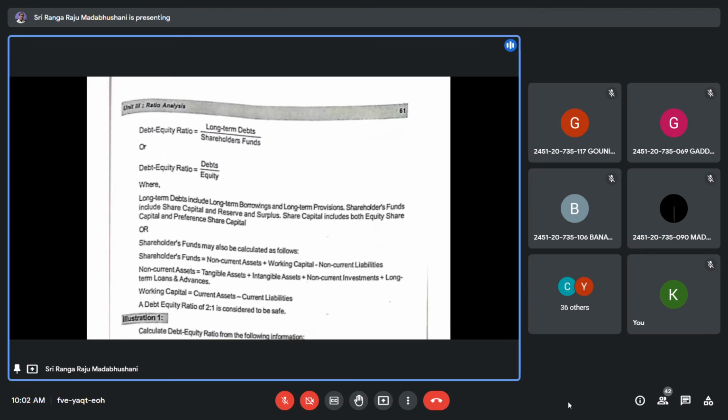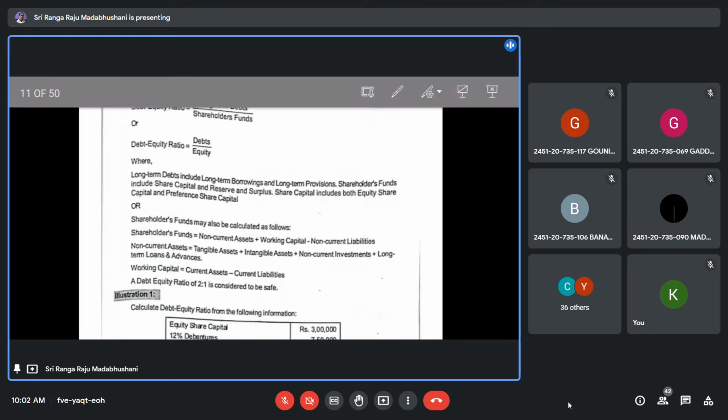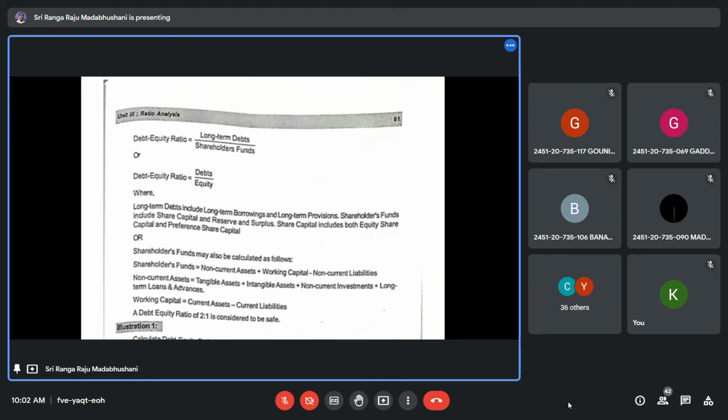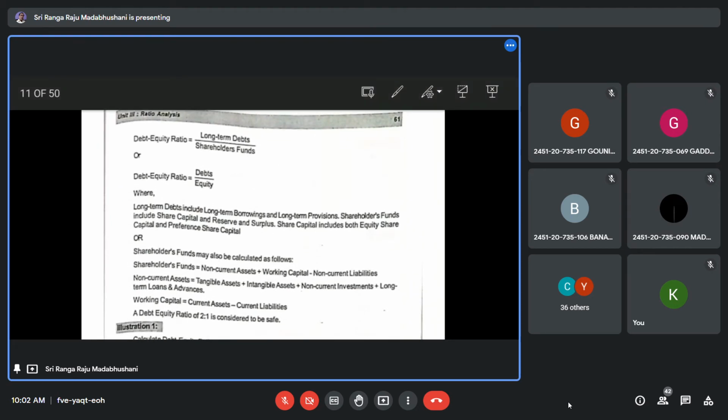Already we had taken the short-term debt in the current ratio. So now it is long-term debt by shareholders fund.